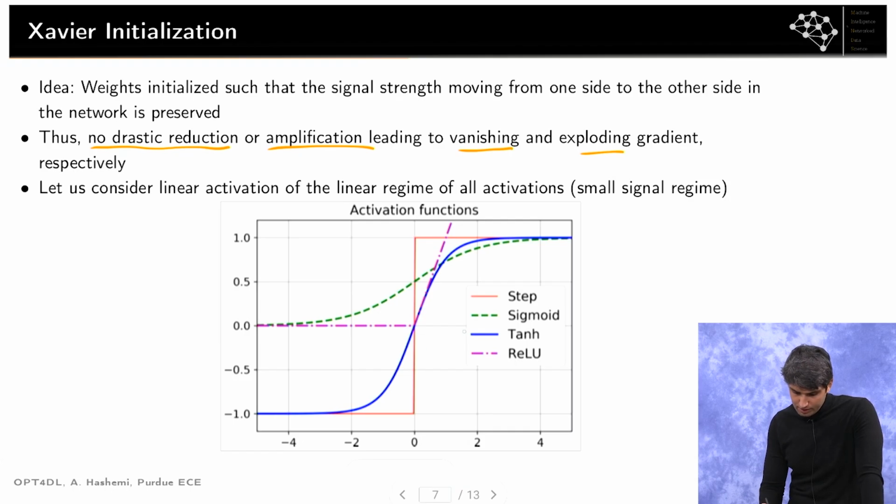For instance, if at initialization I'm in a region like this, it is safe to say that almost all of my activations are linear. So for the sigmoid, I can replace it with a linear line. Same for the ReLU activation, and same for the tanh activation.